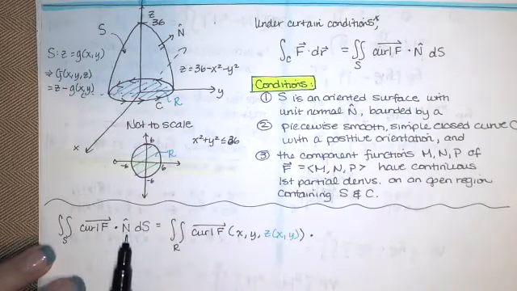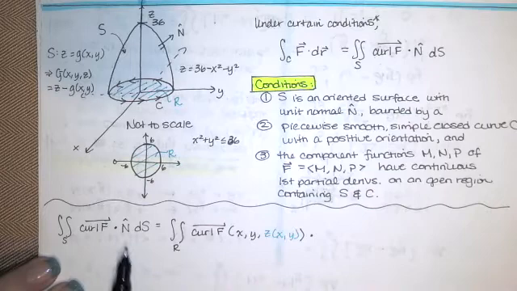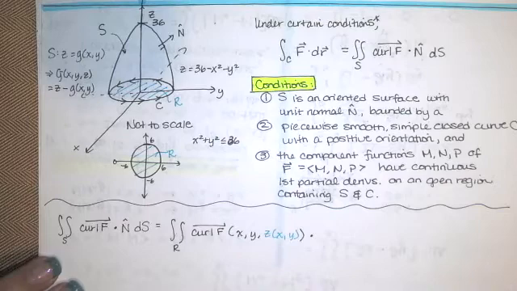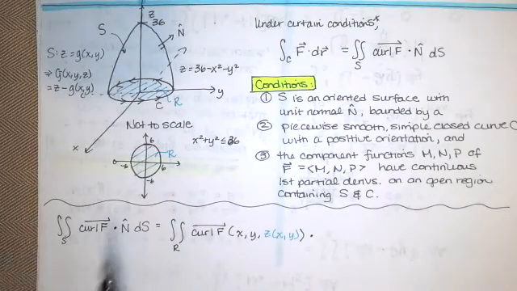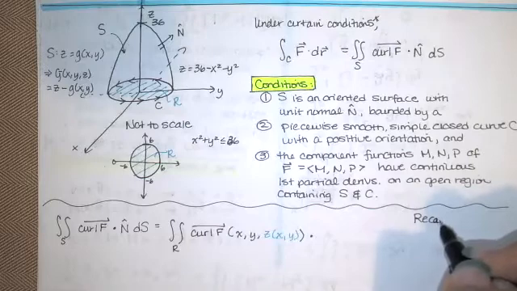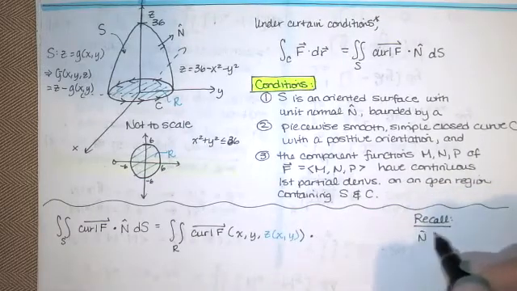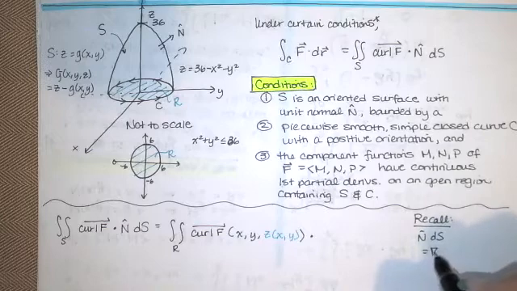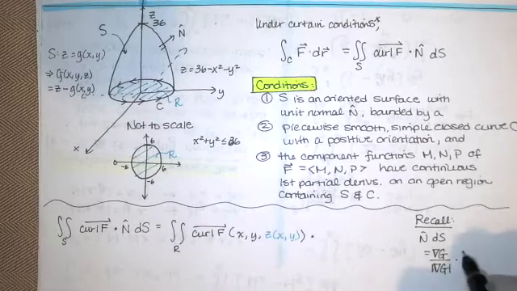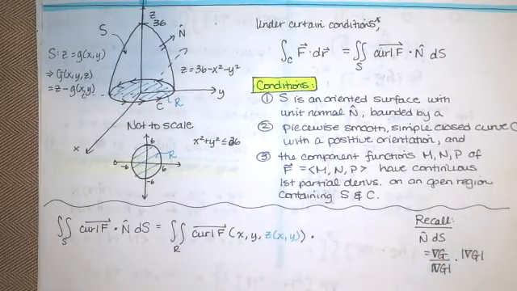Now the unit normal vector can be found by taking the gradient of capital G, that's going to give us a normal vector, and then dividing by its magnitude. But then the surface area element is actually the magnitude of the gradient of capital G times dA. So remember, we've done this before. This is the same as this. That's my unit normal times dS, which was, remember, the square root of 1 plus the partial derivative of z with respect to x squared plus the partial derivative of z with respect to y squared.